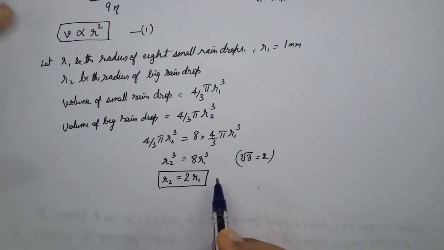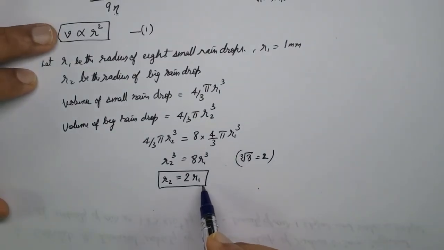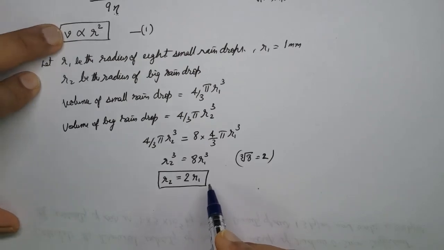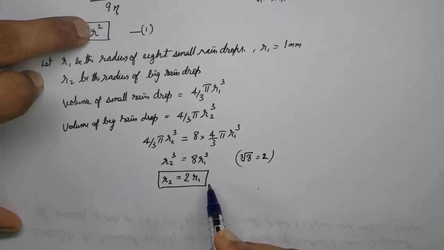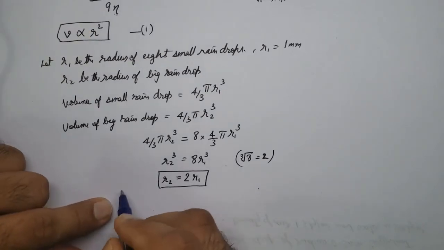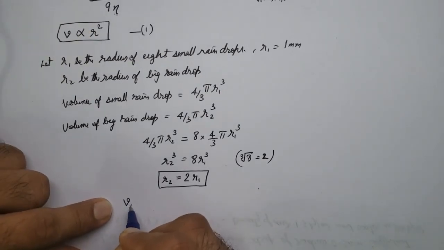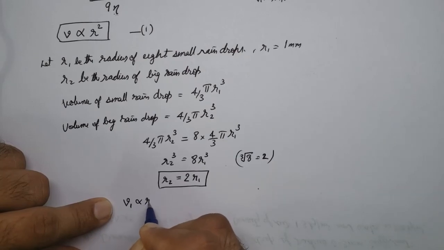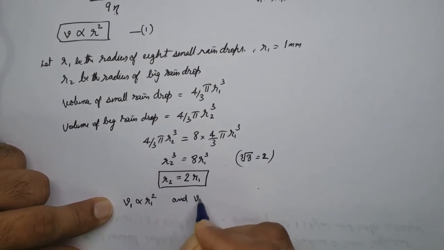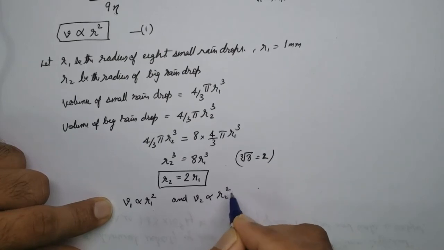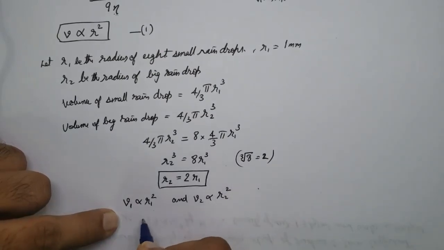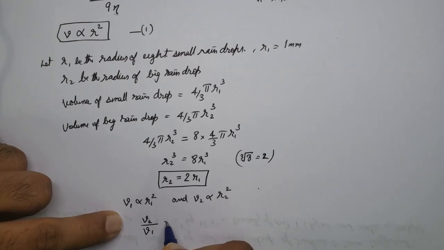ഇനി നമുക്ക് എന്തറിയാം, we already have the relation that the terminal velocity v is proportional to the square of the radius of the sphere. So in the case of small drop, we have the terminal velocity v1 is proportional to r1 square and v2 is proportional to r2 square for the second case. So if you want to find the relation, we can take the ratio, that is v2 divided by v1 should be equal to r2 square divided by r1 square.